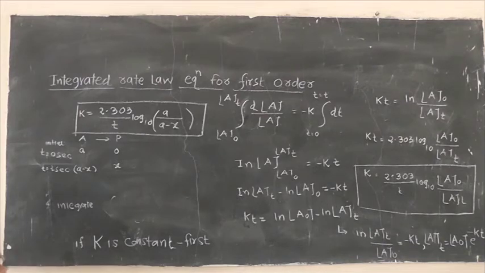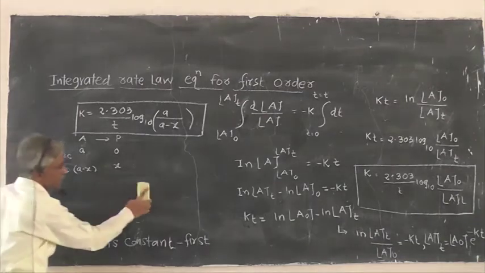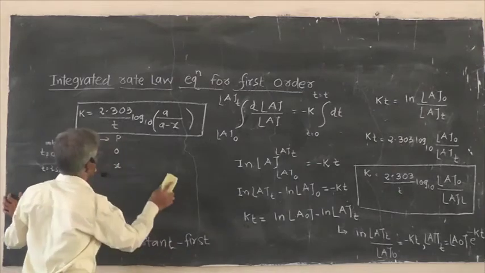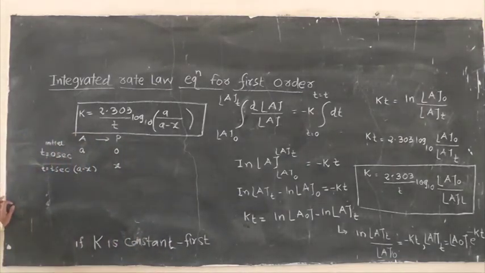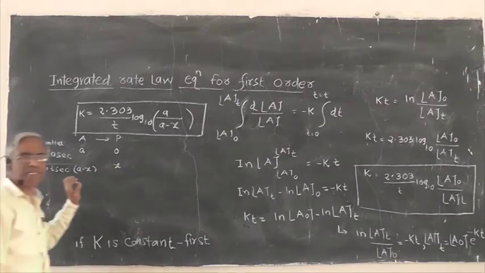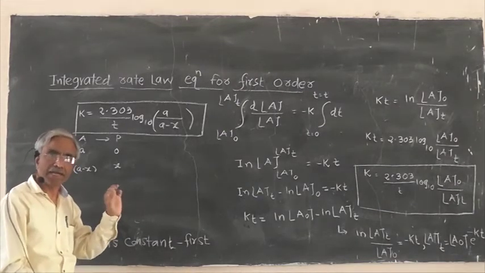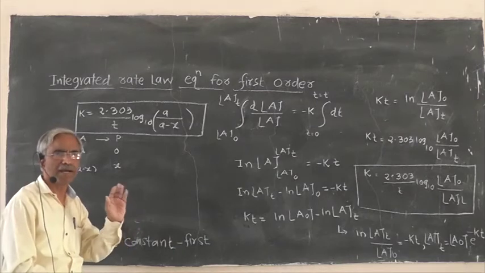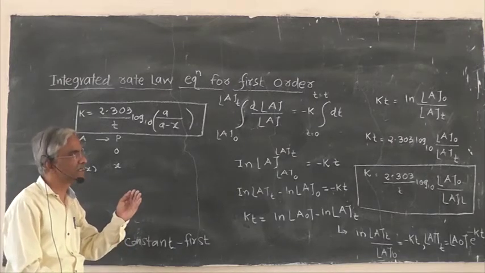Now one more form of the first order law is written in another way, because sometimes the order of the reaction is studied experimentally by titration methods.